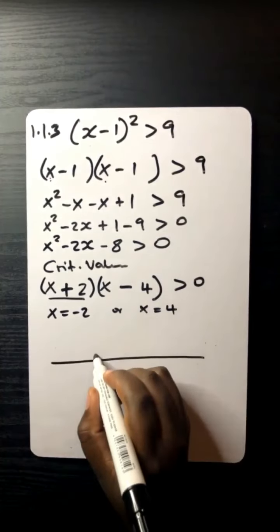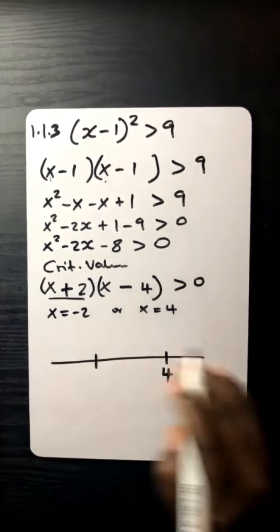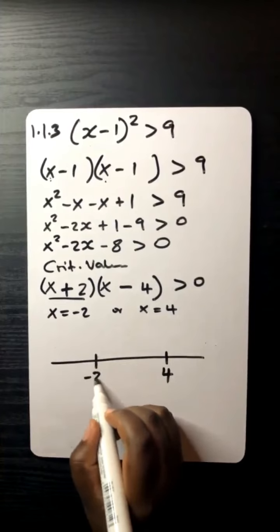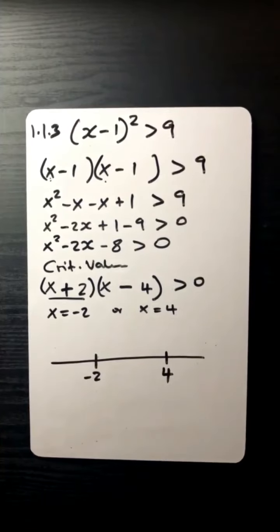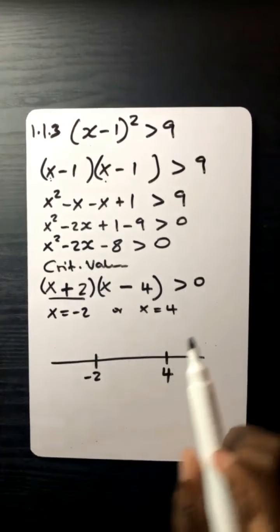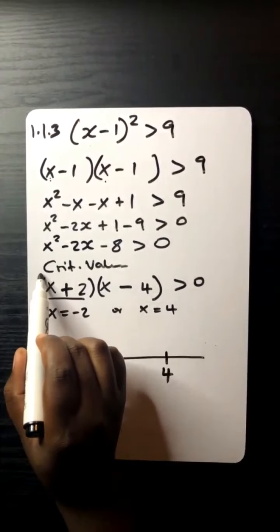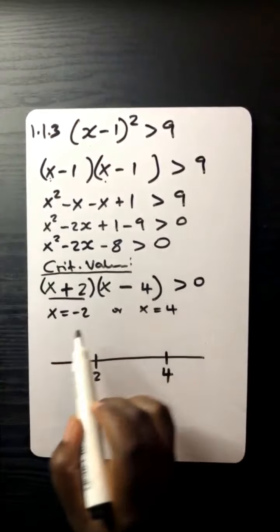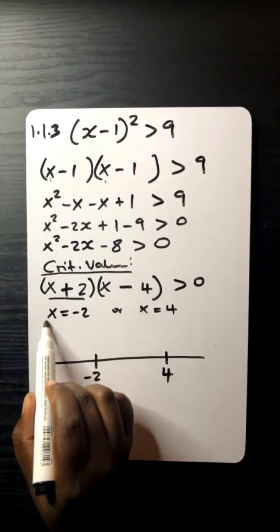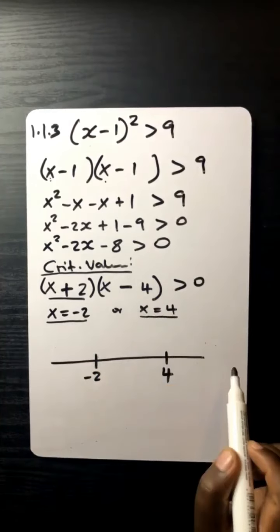So obviously we have positive 4 on the right side of the number line, and we have negative 2. Yes, why are we putting the equal sign? A very good question. In this case, the moment you start saying the critical values, that's when you are allowed to say x equals negative 2, x equals 4.